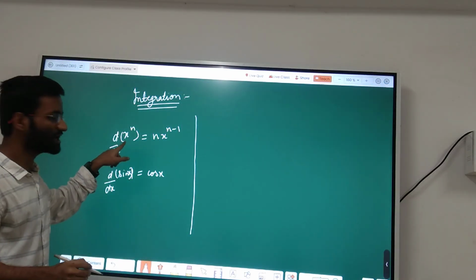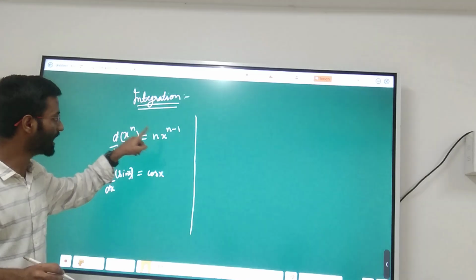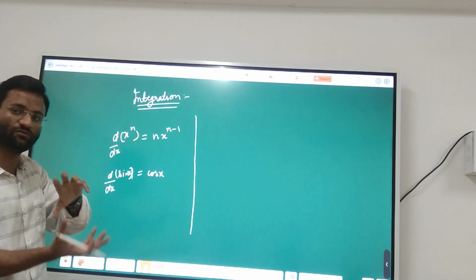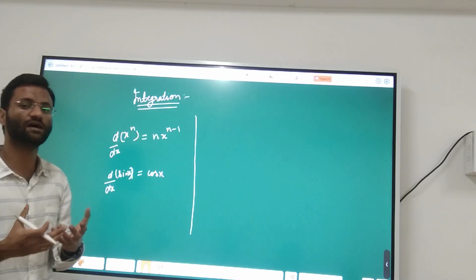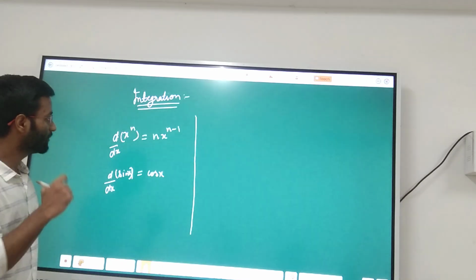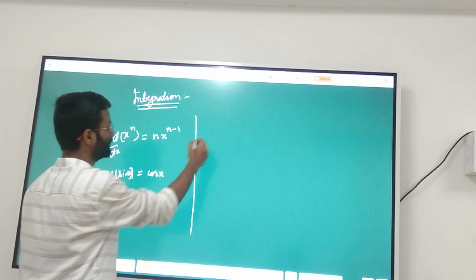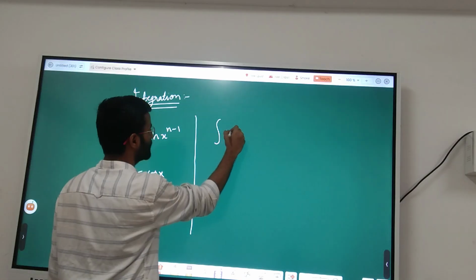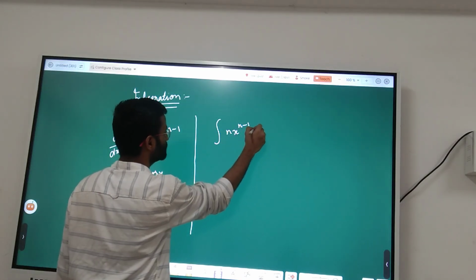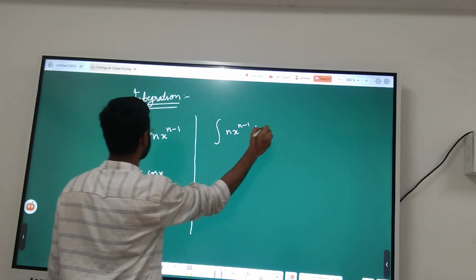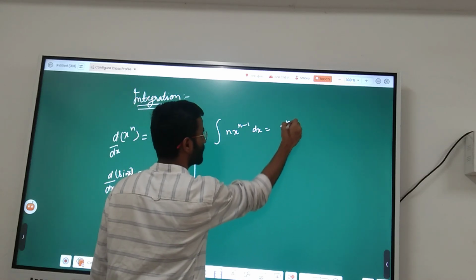If the differentiation of f to the power n is equal to n f to the power n minus 1, then the reverse process of differentiation is integration. Now I can say that the integration of n f to the power n minus 1 dx is going to be f to the power n.